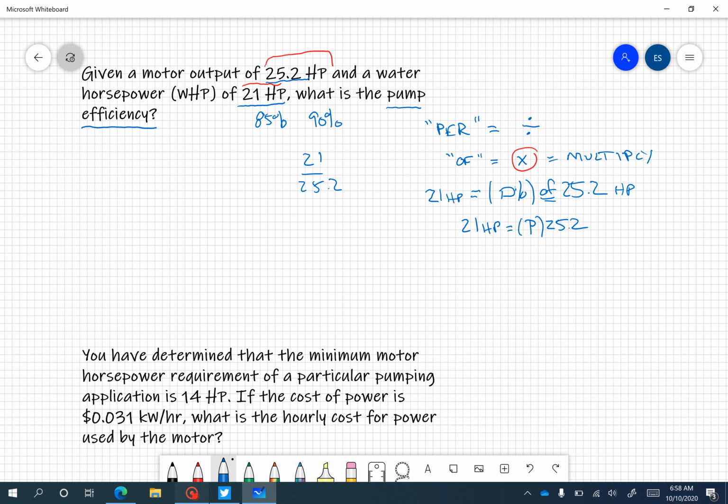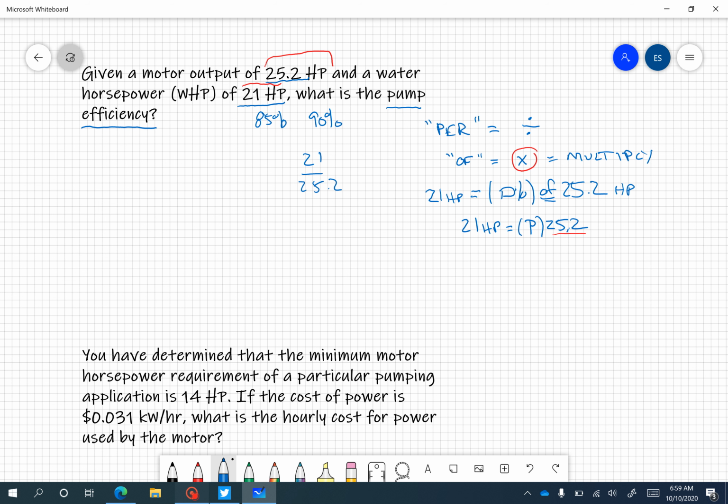25.2. Well, now that we've rewritten this equation this way, how can we get P on one side of the equal sign by itself? And hopefully by now it's pretty evident that all we need to do is divide both sides of the equation by 25.2.